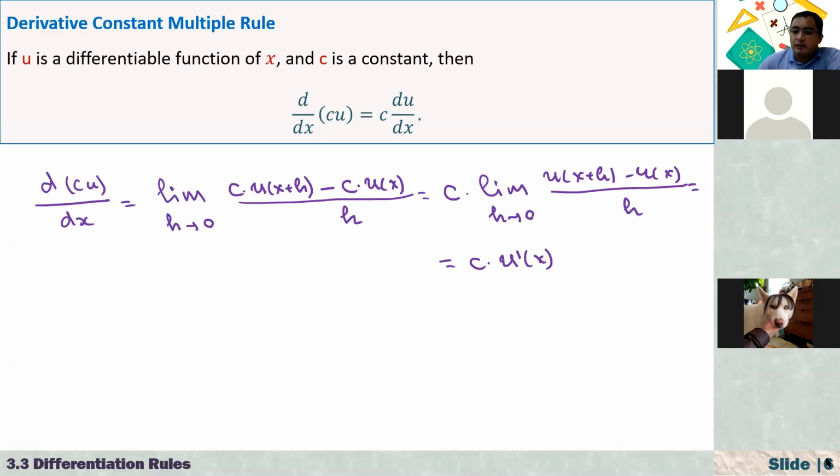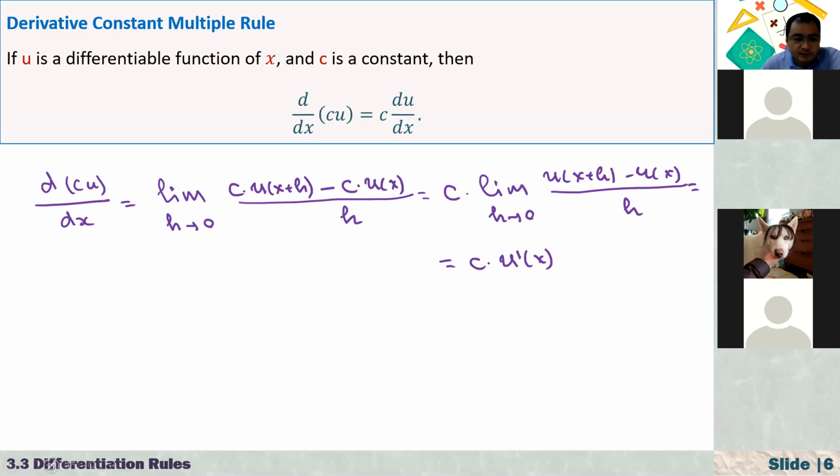Okay, let's continue. One example for this rule. Suppose that our function is something like this: f of x equals 3 times (x squared minus 2x).